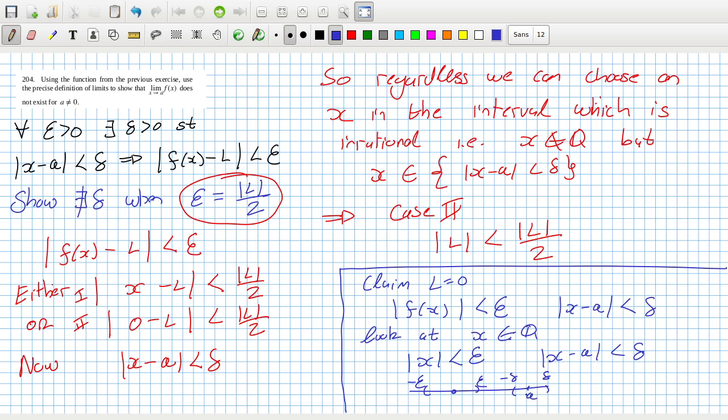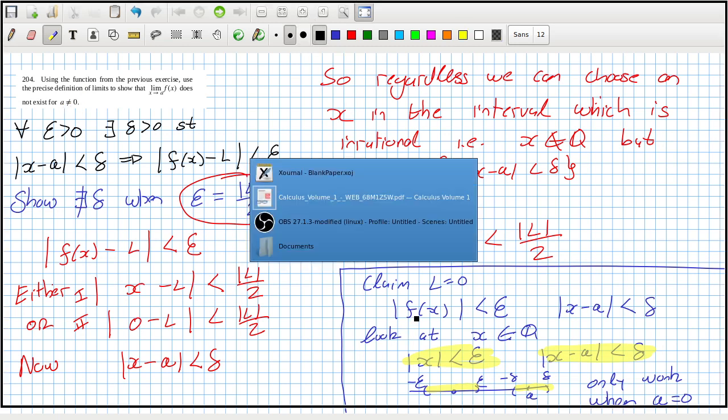So this would only work in the case when a would equal 0. Then you could have these two intervals coinciding. So you could have this true and this true only when a is 0, but you're not allowed that. So yeah, okay. I think that proof is okay.